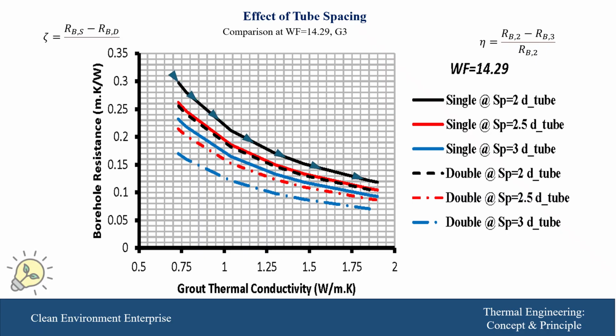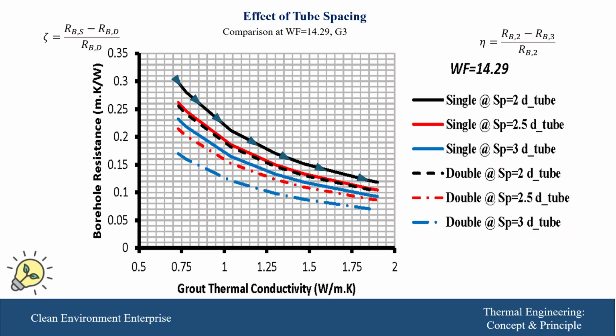Again, if we compare the borehole resistance for the single and the double U-tube as represented by zeta, the value of zeta fell in the range between 14 to 16% and 25 to 27%, predicted for the tube spacing of 2D naught and 3D naught respectively.